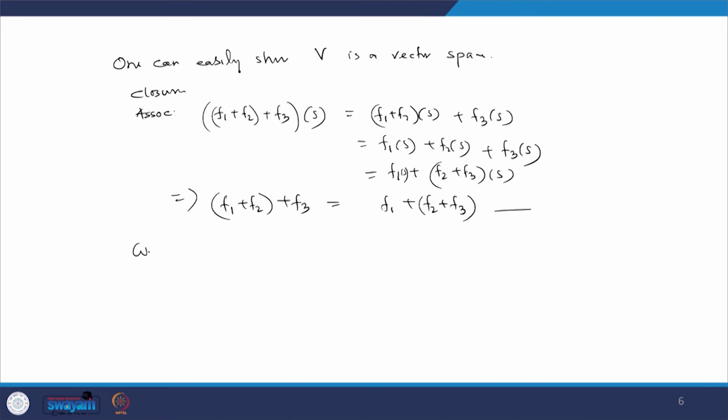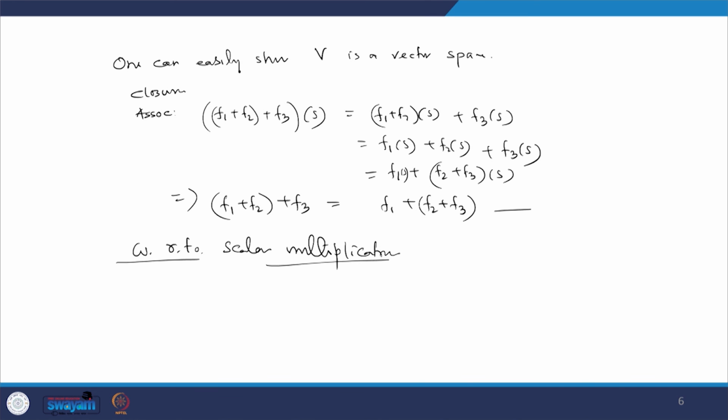With respect to scalar multiplication, for any c, given the definition, it is clear that c times f of s, that is c times f, is again a function from capital S to R. So, closure property holds good with respect to multiplication.